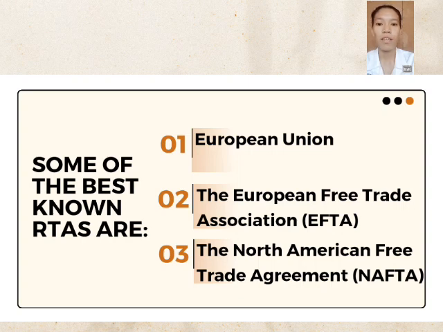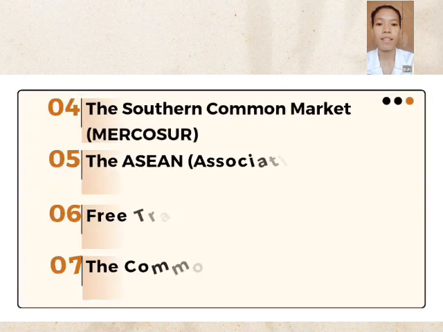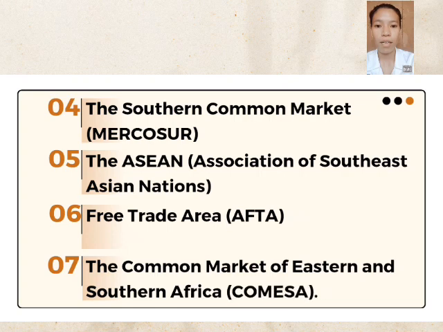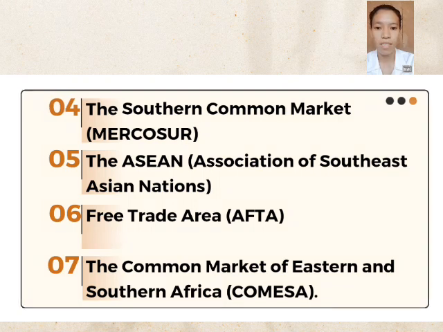Then the North American Free Trade Agreement or NAFTA. Then the Southern Common Market or Mercosur. Then the ASEAN, the Association of Southeast Asian Nations, and Free Trade Area or AFTA. Then lastly is the Common Market for Eastern and Southern Africa or COMESA.